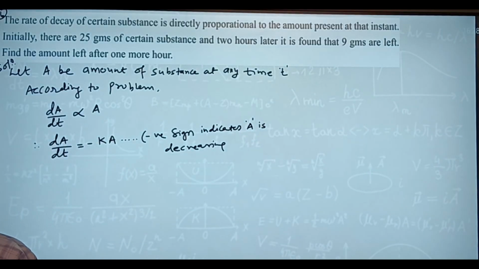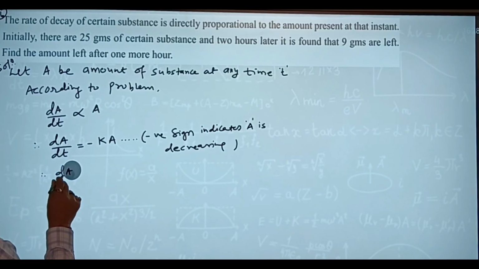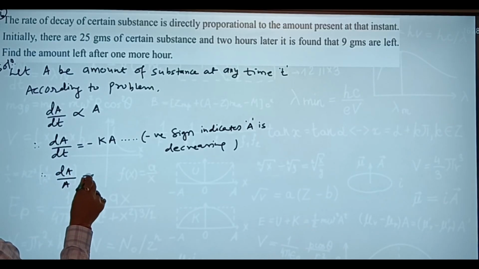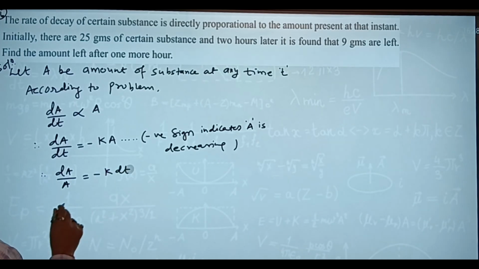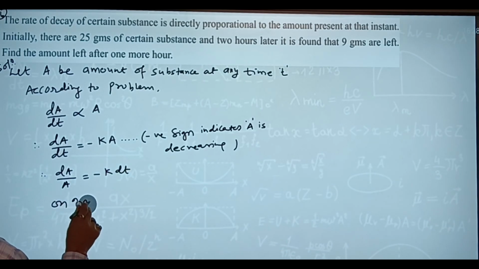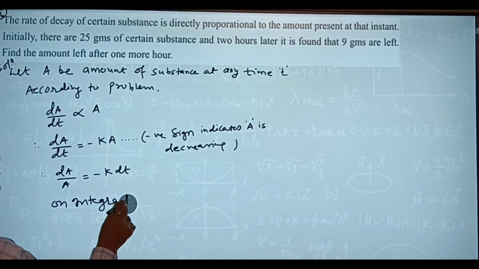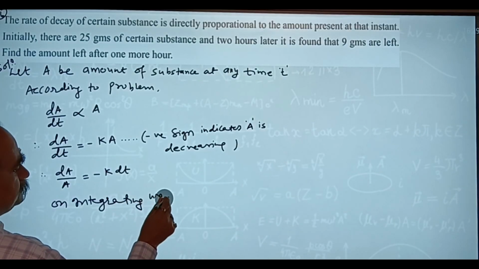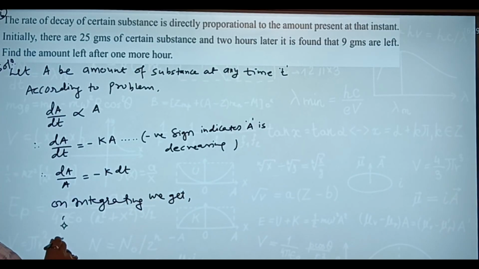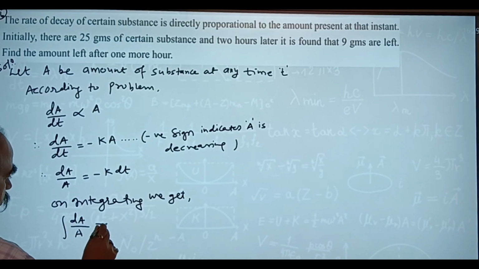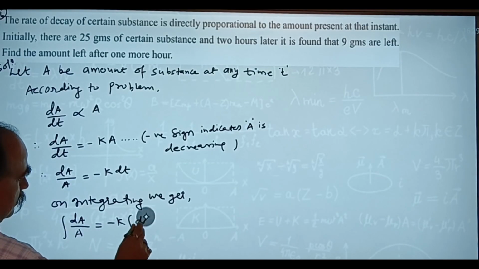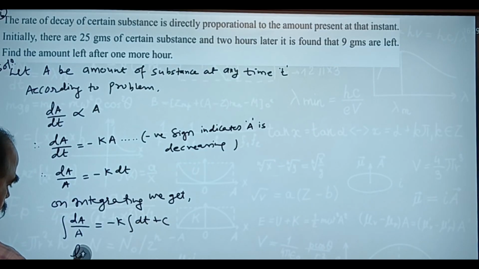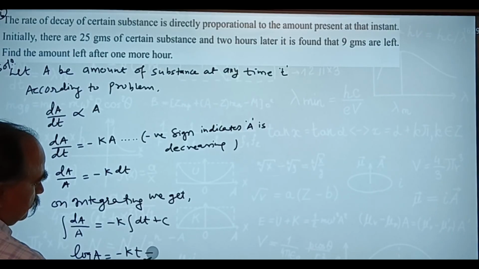A is decreasing. dA upon A is what? On integrating, we get the integral of dA upon A, log A is what? Minus kt plus C.